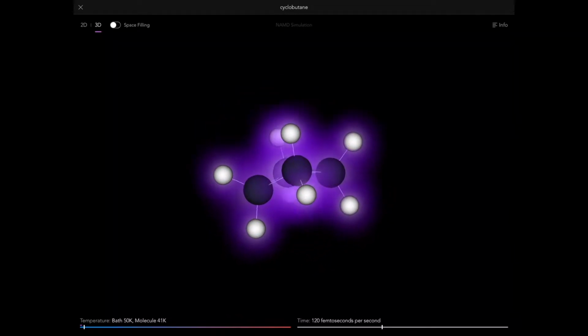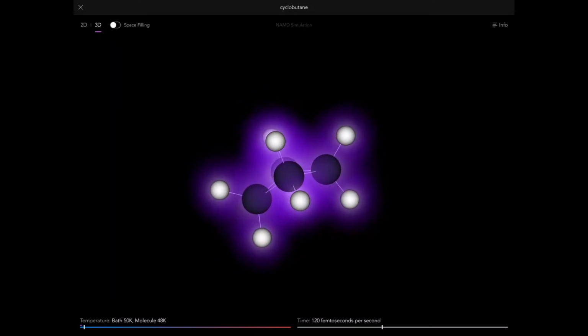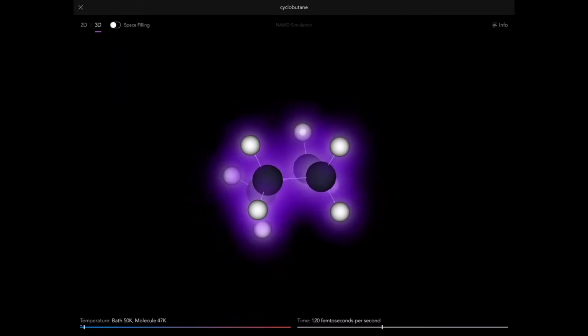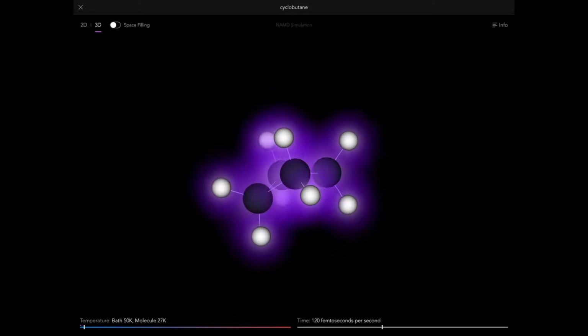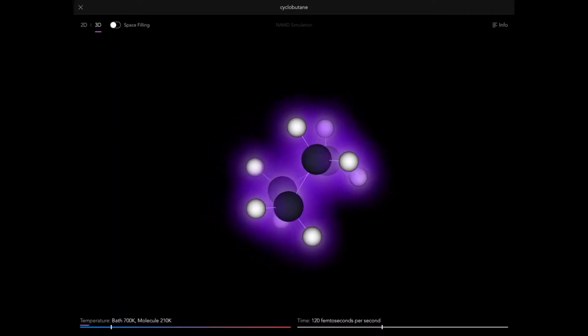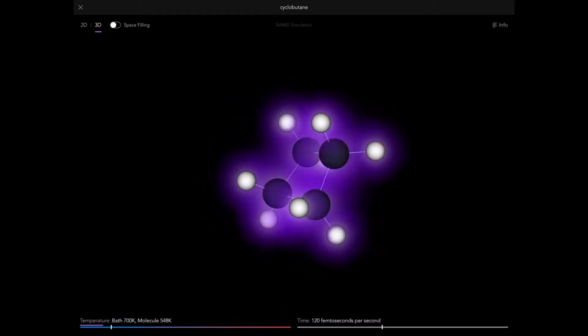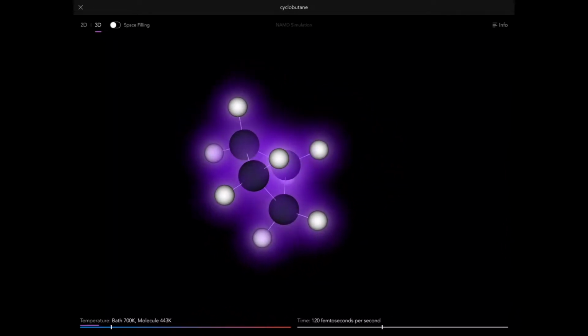And we can control the kinetic energy of the molecule, which can sometimes change its shape. You can see that at 50 Kelvin, it's pretty well in that puckered conformation with carbon-hydrogen bonds wiggling a little bit. If we turn up the bath temperature, we may be able to see it start to shift from one pucker to another.